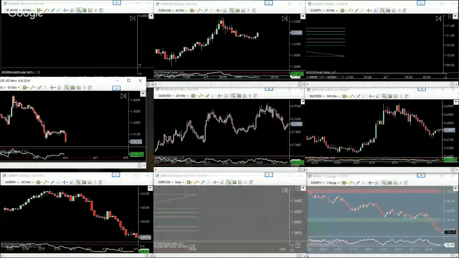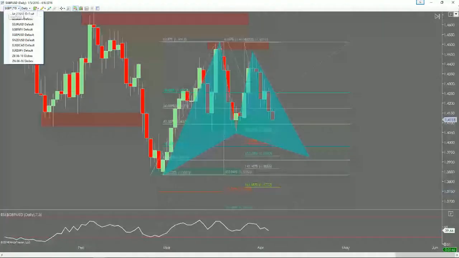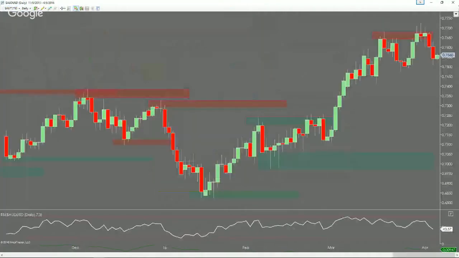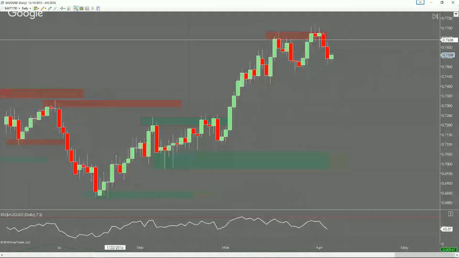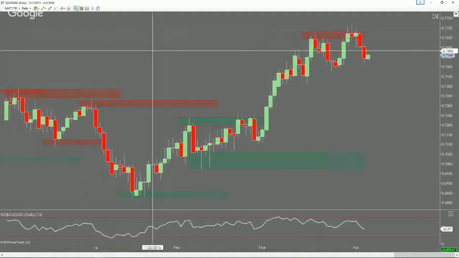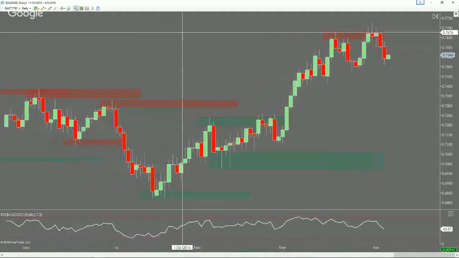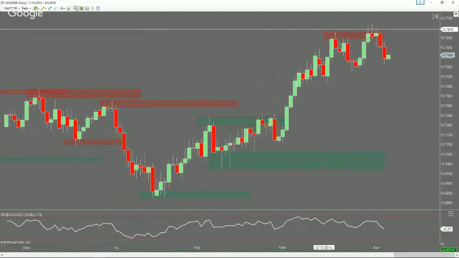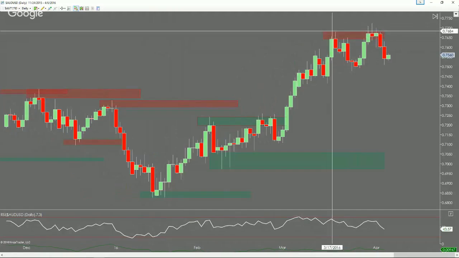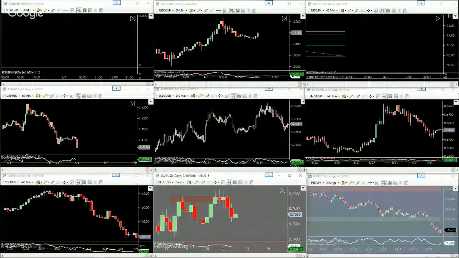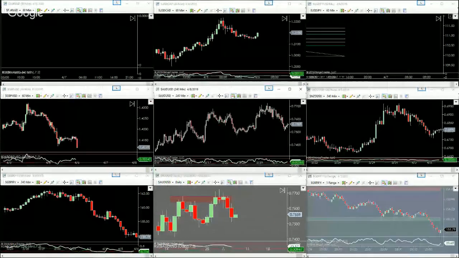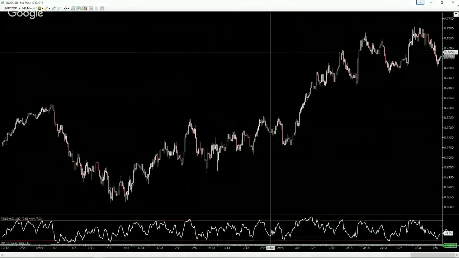All right. Go to Aussie dollar. All right, we still did not close above this previous high right here. Let's go to the 240 chart.